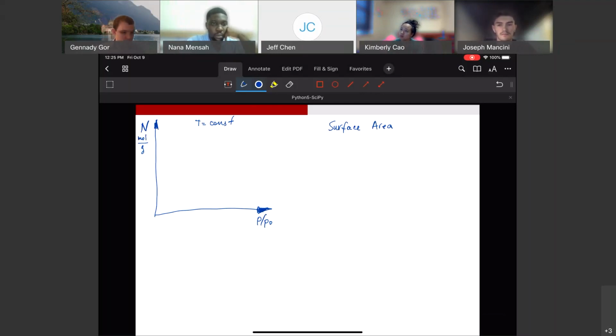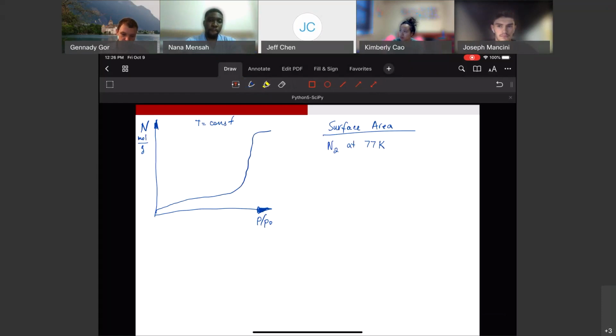This is typically done with nitrogen at 77 Kelvin, its normal boiling point, and the data I'm showing you is in fact nitrogen adsorption at 77 Kelvin. In this case, the plot looks something like that.